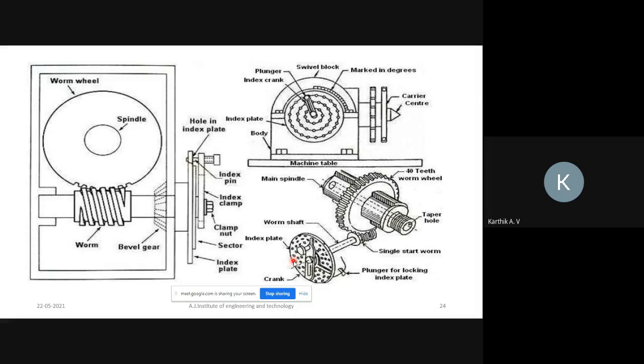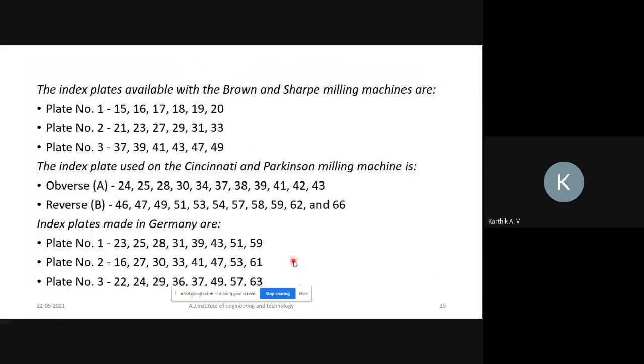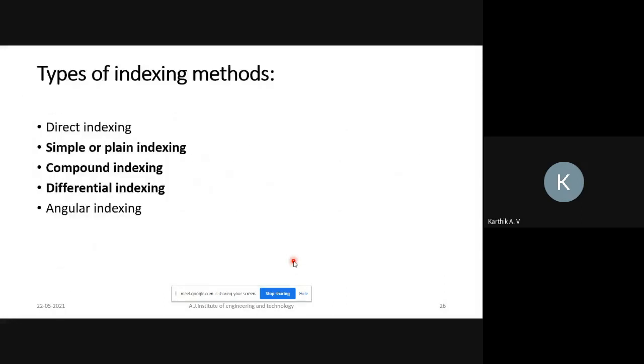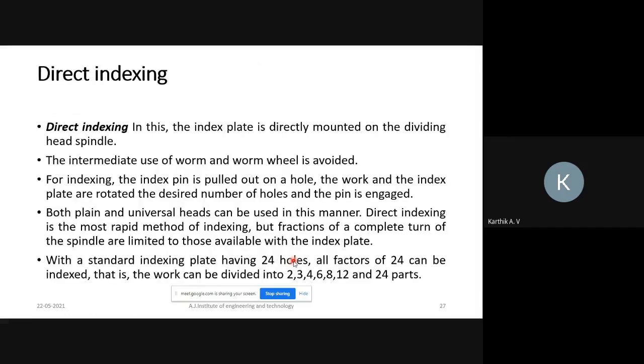Okay, so similarly total 24 is there. So you can make up to 24 divisions with the help of this direct indexing mechanism. Okay, direct indexing mechanism. Total 24 holes. See, the standard indexing plate has 24 holes.